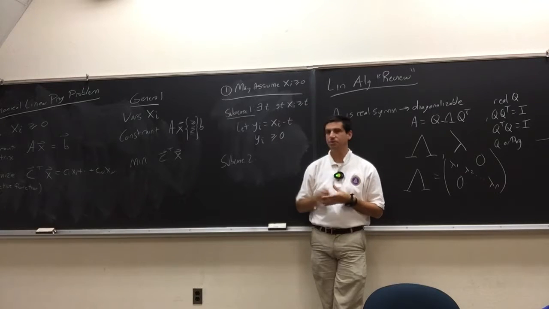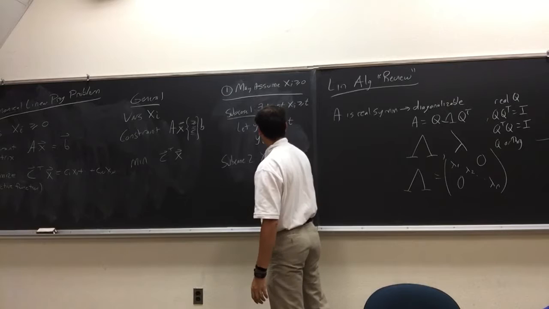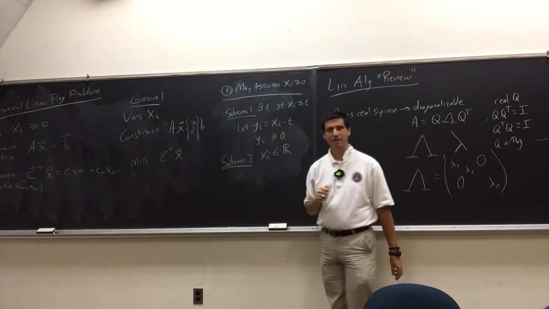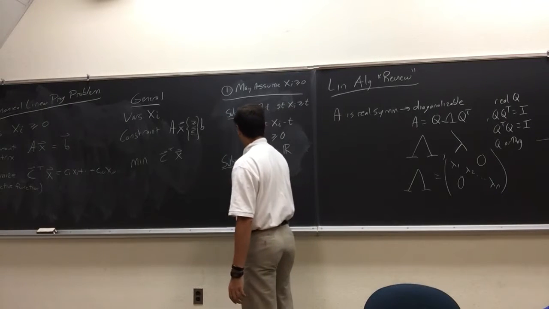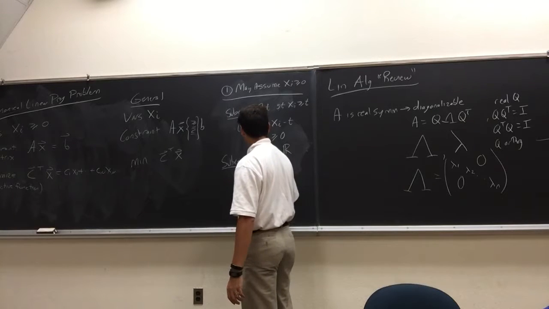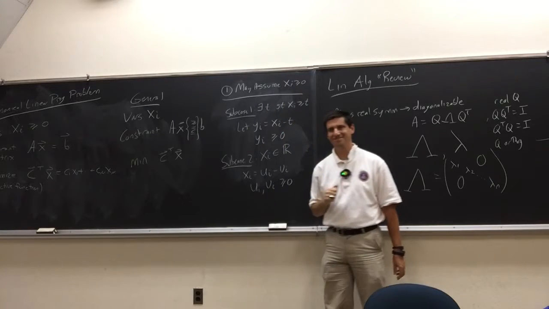So what's the other possibility? There doesn't exist a t. So we just have xi is unbounded. And the solution is brilliant. We just write xi equals ui minus vi, where ui and vi are greater than or equal to 0.